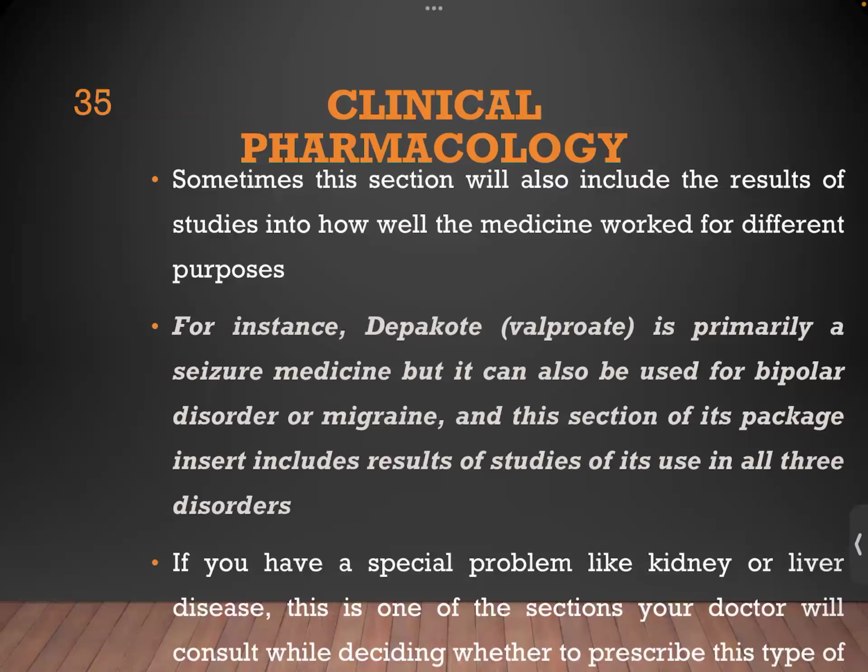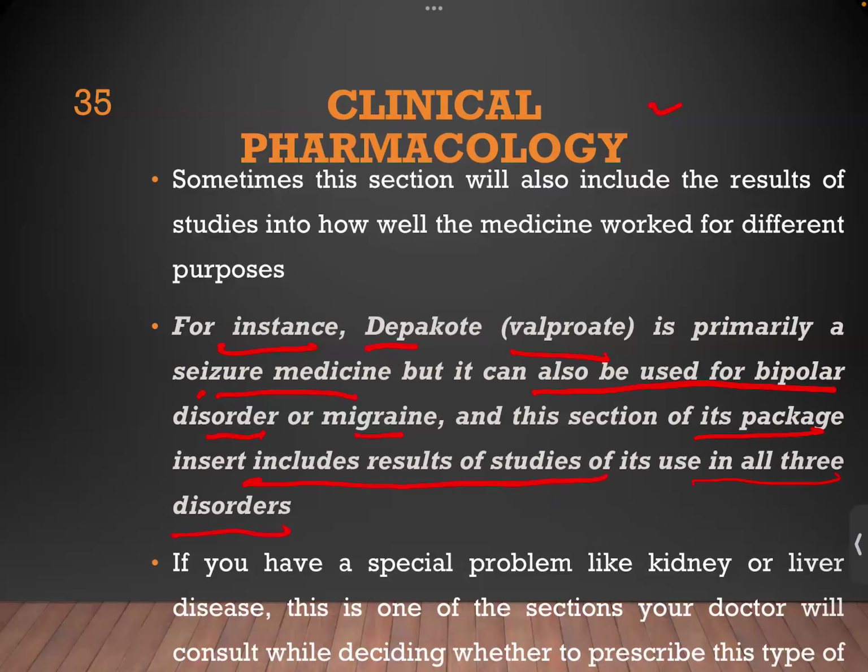So this is a little detail on what is included in the pharmacology section, right? Say this is an example I have given, that for instance, there is one drug, primarily a seizure medicine, but it can also be used for bipolar disorder or migraine. And this section of its package insert includes the results of studies and use in all three disorders.